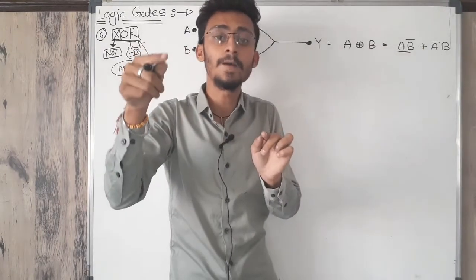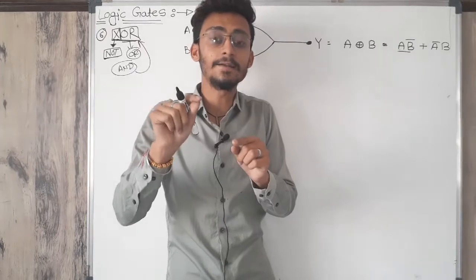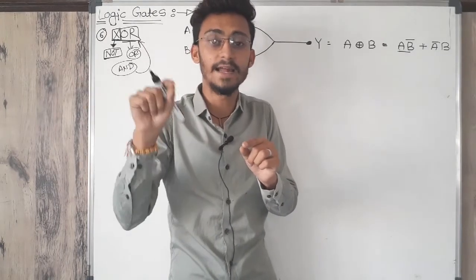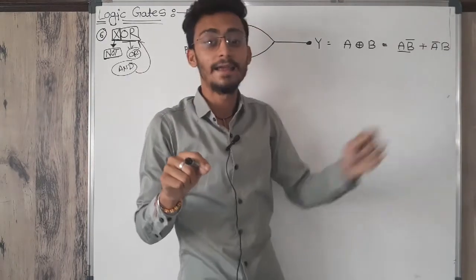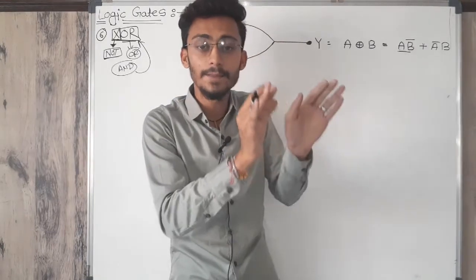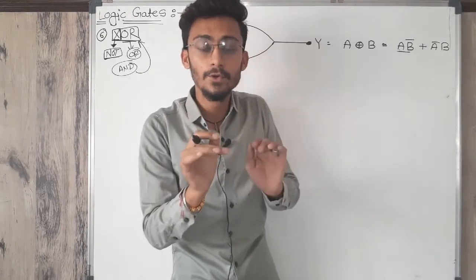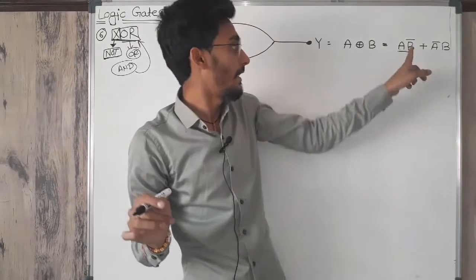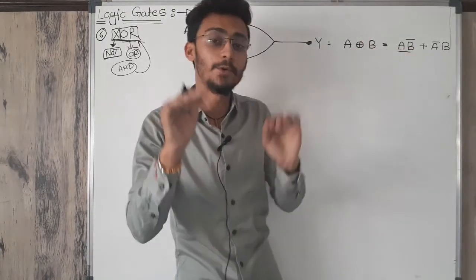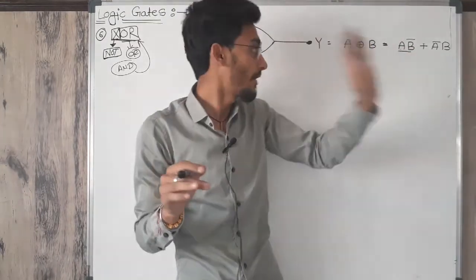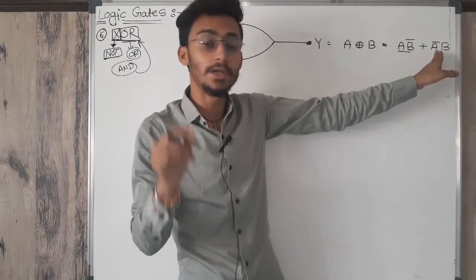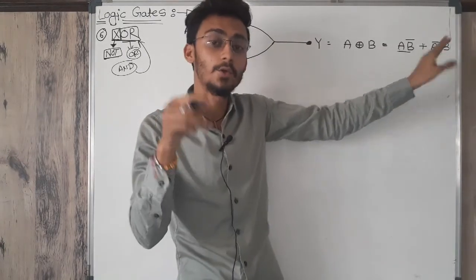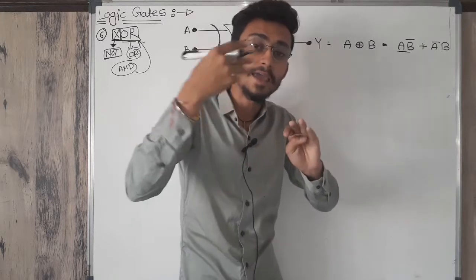It means we use an AND gate, because the AND gate operation is multiplication. And B bar, it means before the multiplication of AB bar we use a NOT gate for input B, then the B input becomes B bar. Okay, and similarly we use a NOT gate on input A, so A becomes A bar.